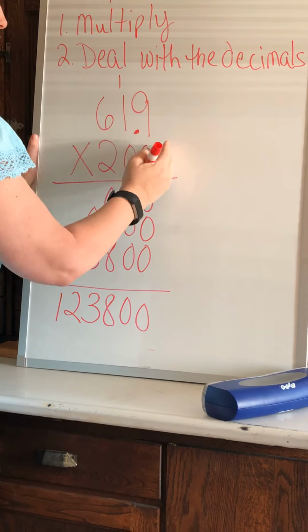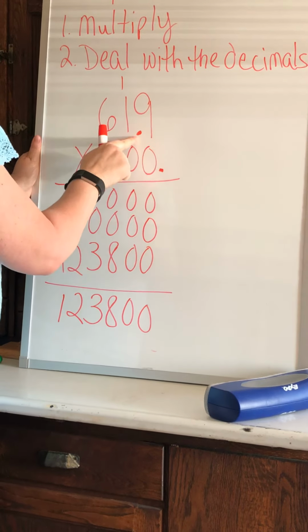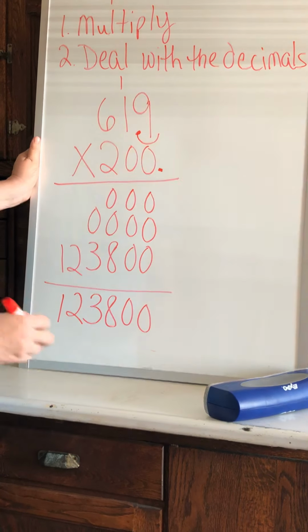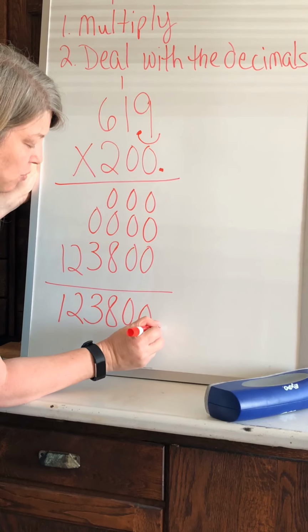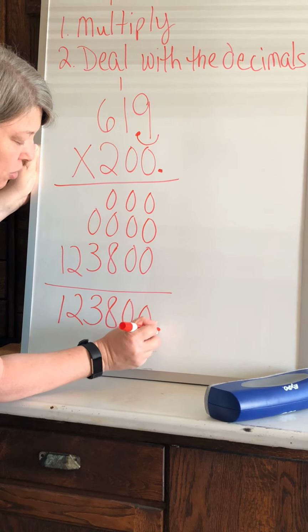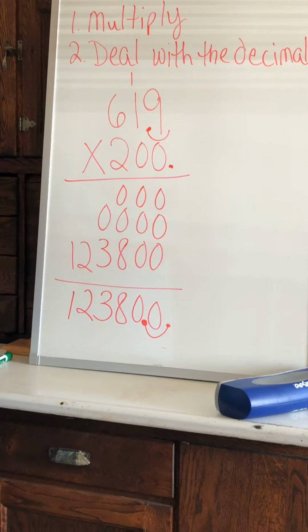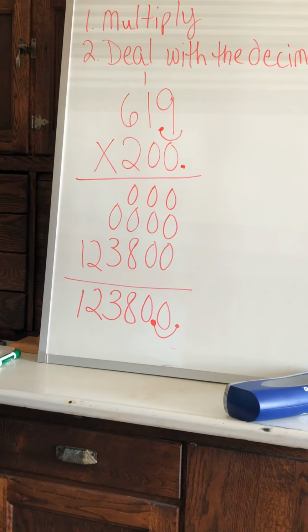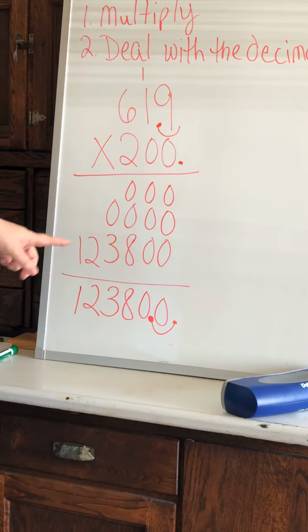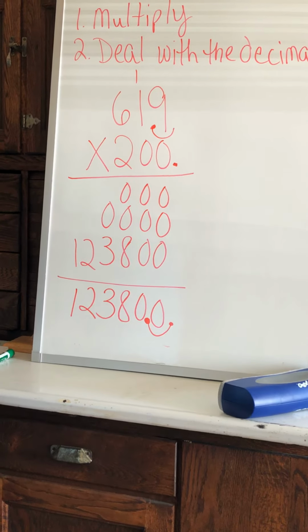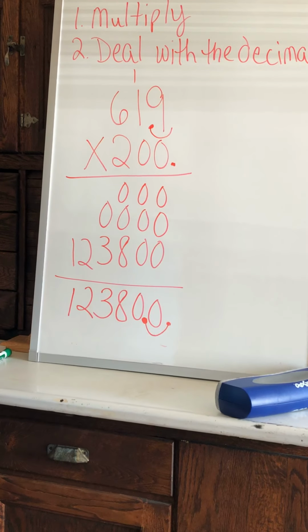Now it's already over to the right. How many places are we going to have to move this decimal to get to the right? Just one time. Let's go back here. At the very end, we're going to move this decimal one time. And there it is. Now, is this problem finished? If you know me, and you've done it before, you're going to say, no, Miss Paula, it's not done.